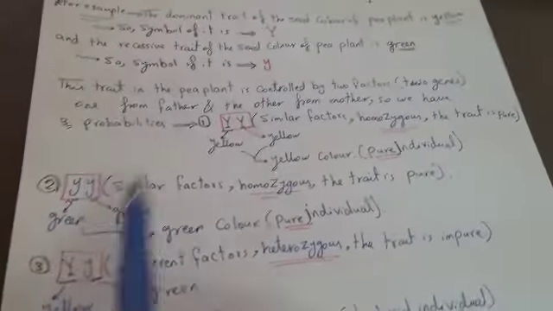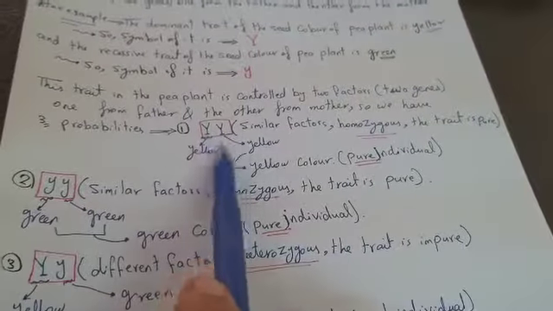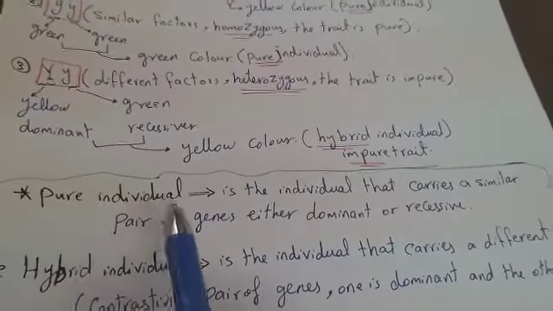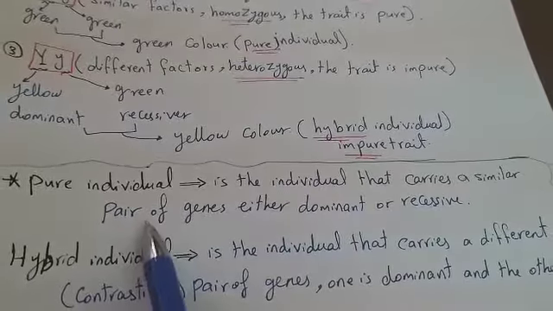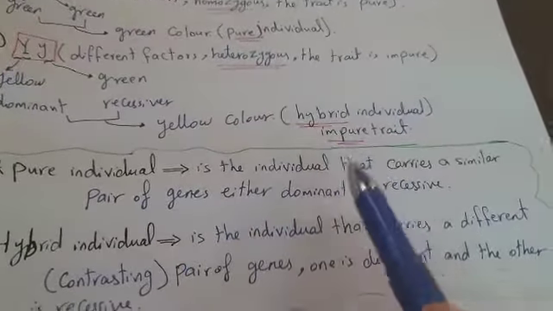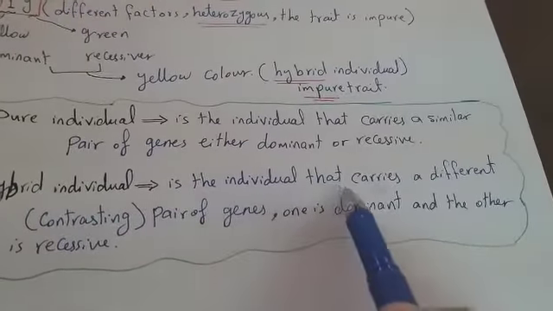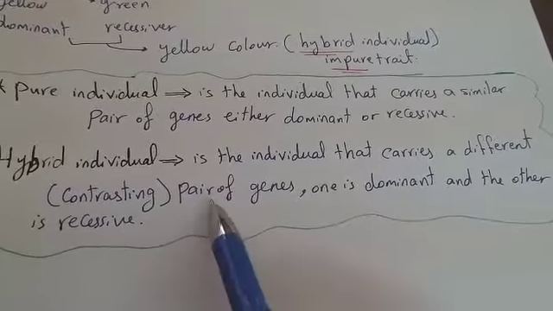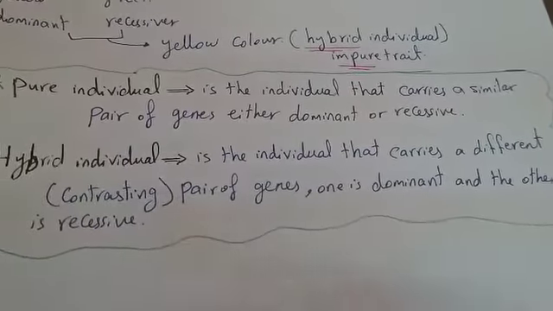And here we have Y capital from the father and from the mother, so they are similar, and the individual here is pure. What is the meaning of pure individual? The individual that carries a similar pair of genes, either dominant or recessive. But the hybrid, what is it? An individual that carries a different, contrasting or opposite pair of genes. One is dominant and the other one is recessive.